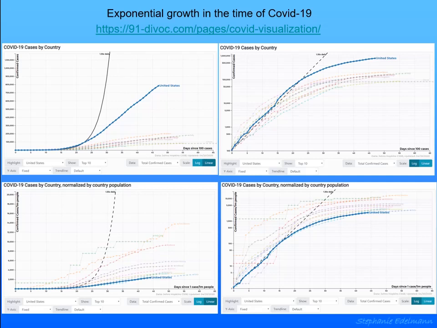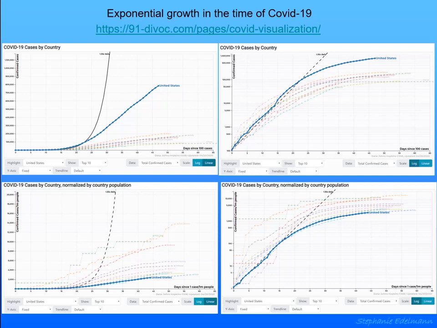On this slide, you have graphs that are the same data, but represented differently. The top two are cases by country, with the United States highlighted and the rest being the top 10 countries. The bottom two show cases by country, but normalized by country population.